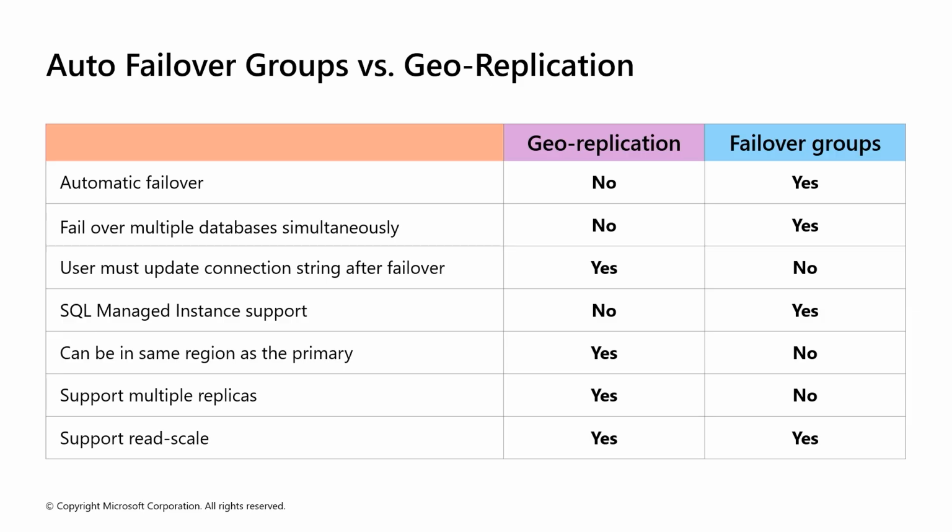In contrast, geo-replication supports multiple replicas and can operate within the same region as the primary, providing flexibility and regional redundancy for read-heavy workloads. Use auto failover groups for applications needing seamless recovery and continuous service, while geo-replication suits distributed systems requiring efficient read access across regions.